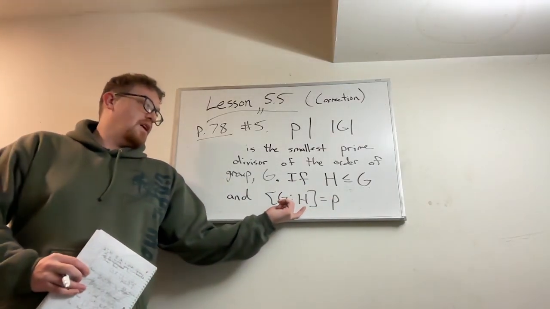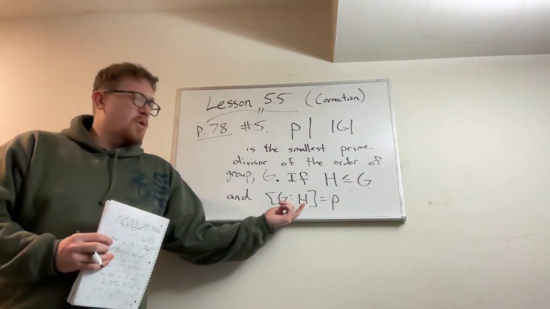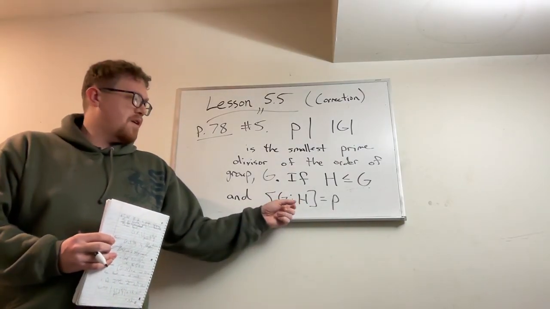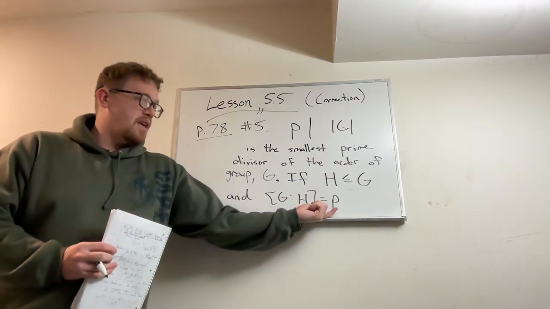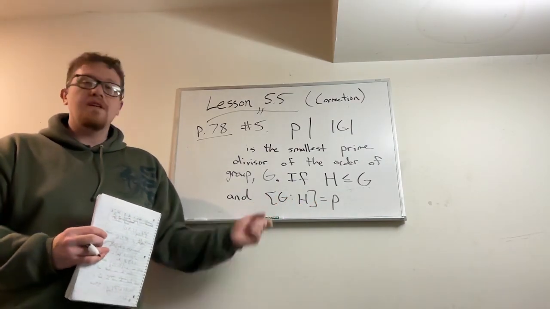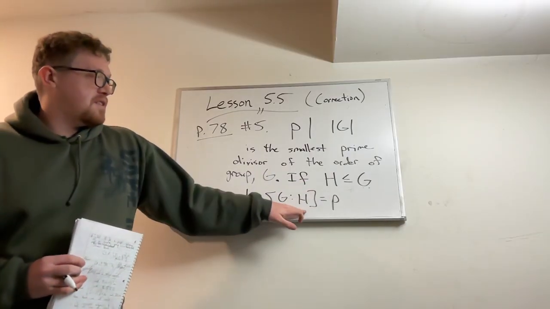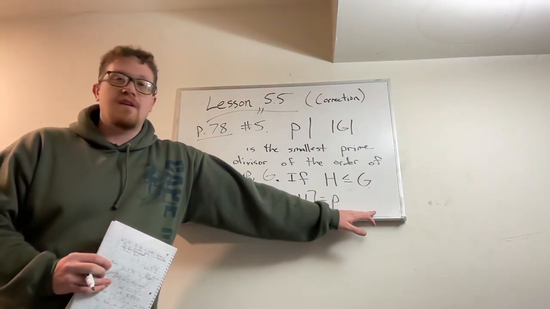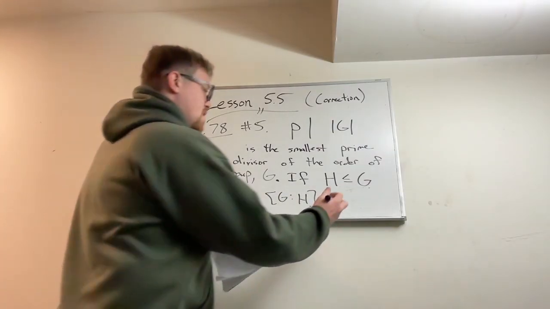And again, this index, I might have skipped over this really quickly, but this is an important notion in group theory. This is just the number of left cosets of H in G. So this is saying there are p left cosets of H in G. And with this statement, if H is a subgroup and it has this index, then we want to show that necessarily the subgroup is normal, that it has that normal property.